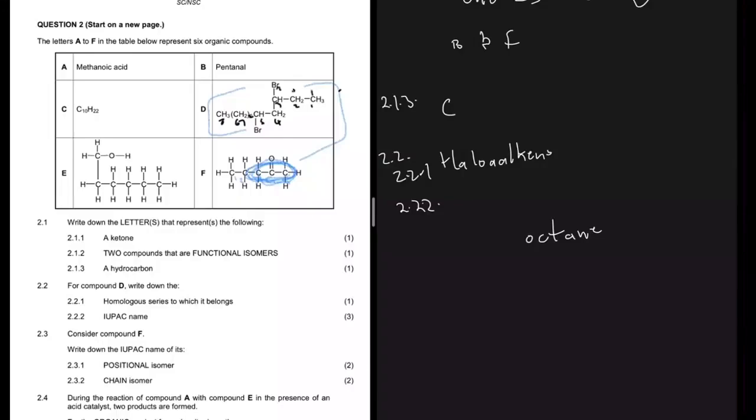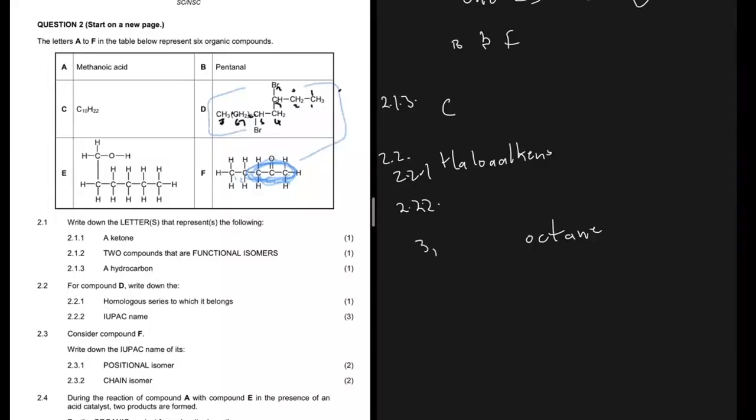If we count from the right hand side, it's 1, 2, 3, and then if we count from the left hand side, it's 1, 2, 3, 4. So the closest path to a halogen is from the right hand side.